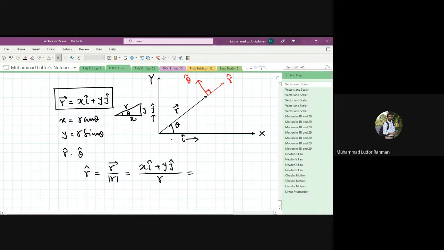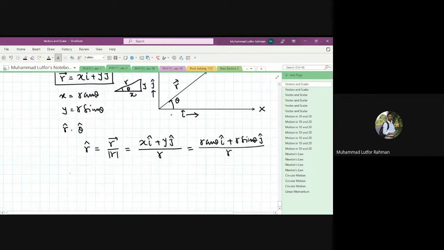Then I'm going to replace the values of x and y in that equation. x is r cos theta i hat plus y equal to r sin theta j hat, divided by r, right?